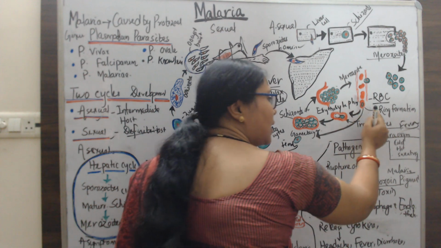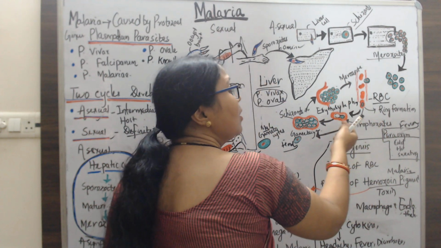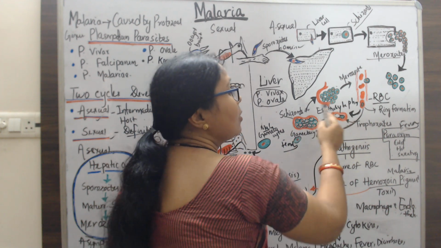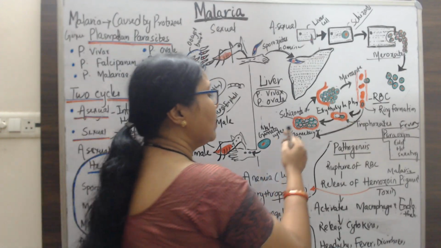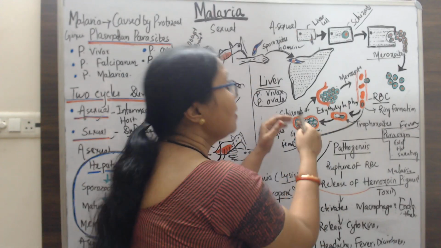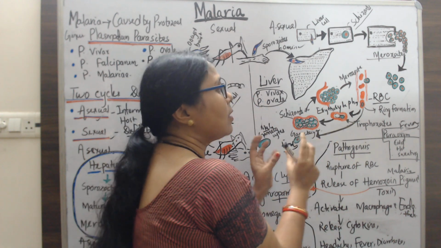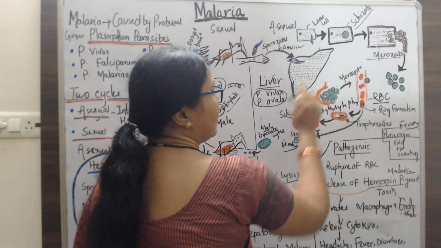After ring formation, the structure forms a vacuole, and this is called the trophozoite. After the trophozoite, a number of daughter cells multiply. That is asexual development. So asexually they form daughter cells. This is the schizont phase, and the RBC bursts.